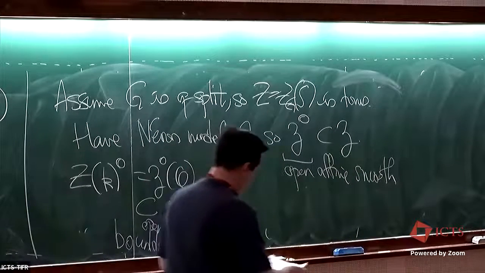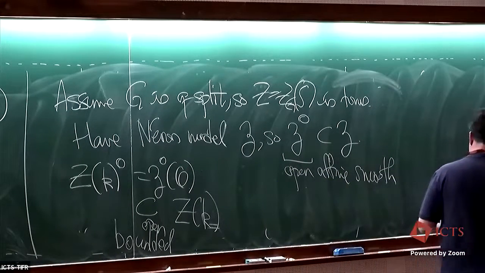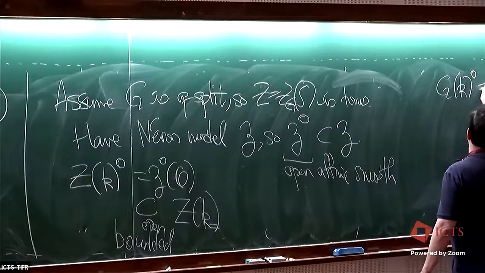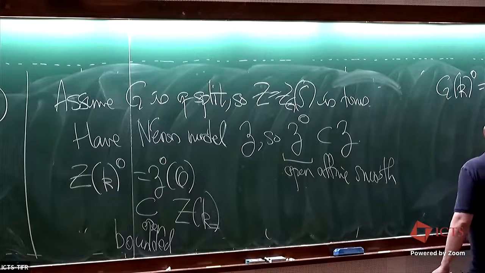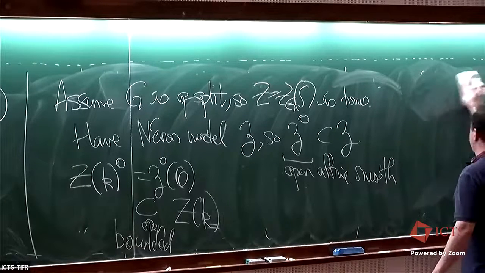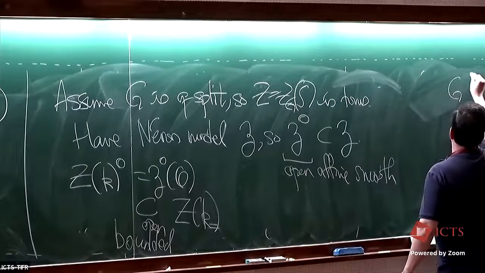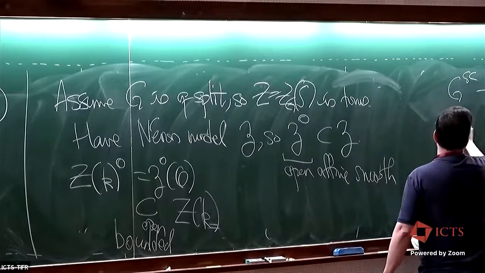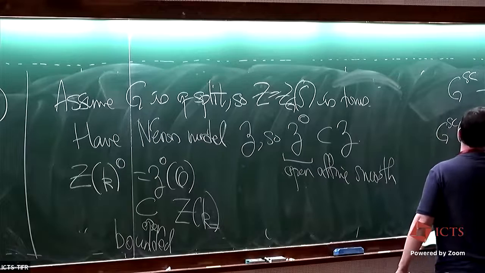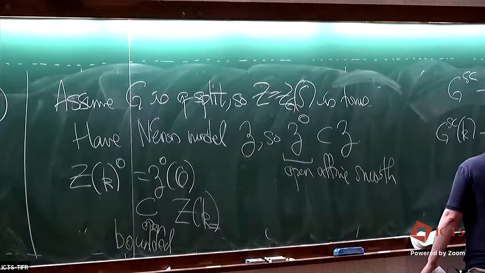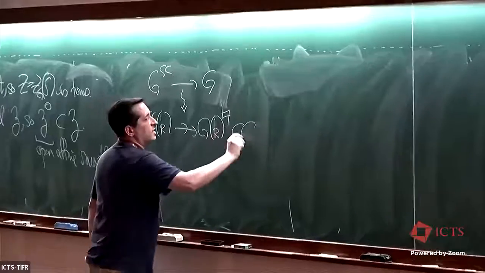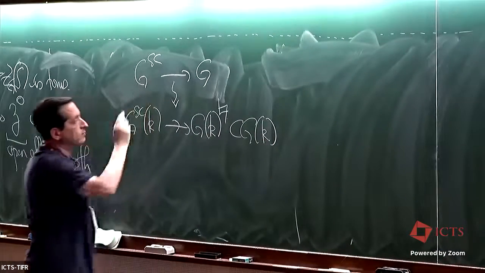So now, let me make one last definition, then we can start to construct some things. I'm going to call GK0 the following. So we have G simply connected mapping to G. And so then on rational points, this has some image, which we're going to call GK. So inside GK, that's just the image of this thing.